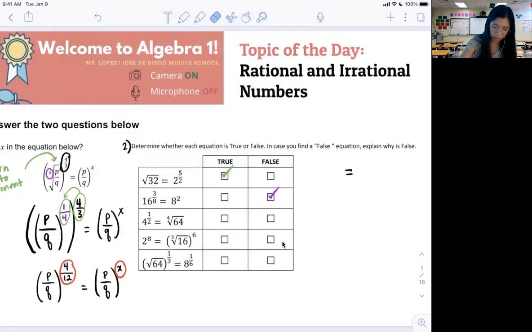All right, 4 to the power of 1/2 equals the fourth root of 64. So there's two ways we could do this. Should I turn the left side into a radical or the right side into an exponent?